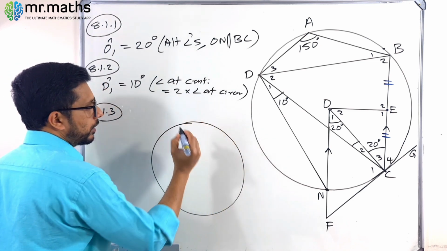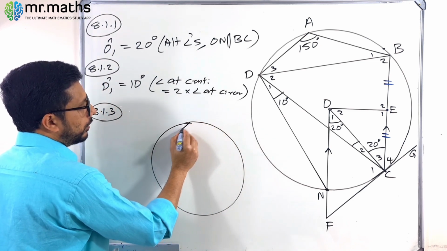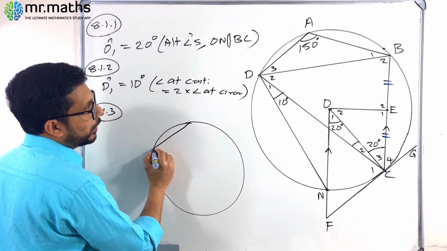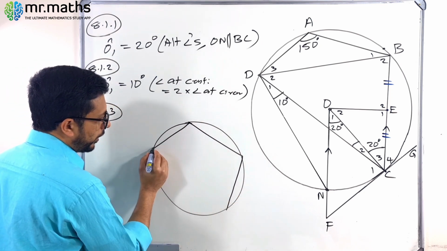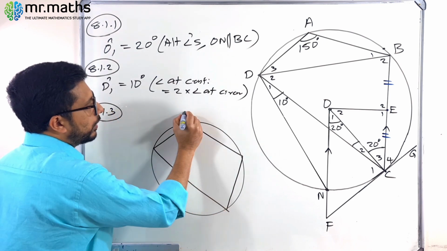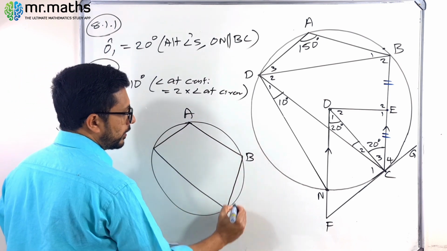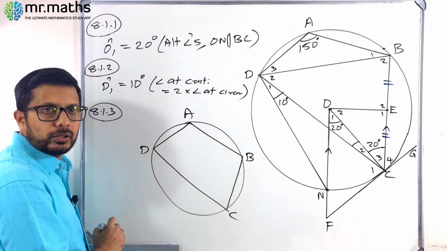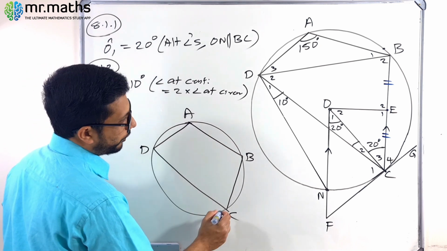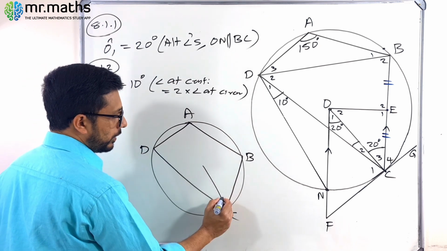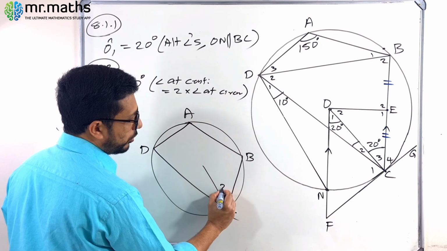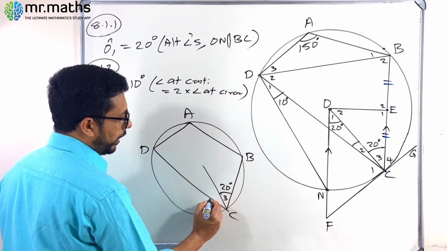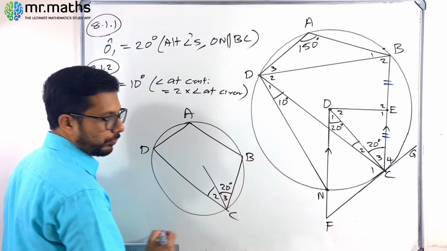Okay, now assume that this is a circle, and it is given that ABCD is a cyclic quadrilateral. Am I right, guys? There is a line. This angle is C3, that is 20 degrees, and this is what we want to find, C2.